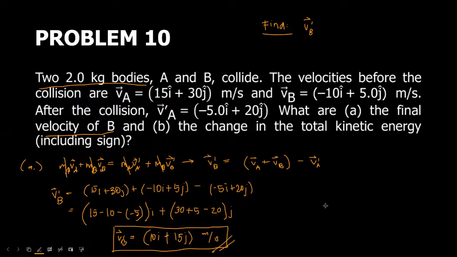Okay. Now next, we're going to letter B, which is the change in the total kinetic energies between the signs. So remember the change in kinetic energy is equal to the final kinetic energy minus the initial kinetic energy. So it's just gonna be 1/2 m sub a, the v sub a.